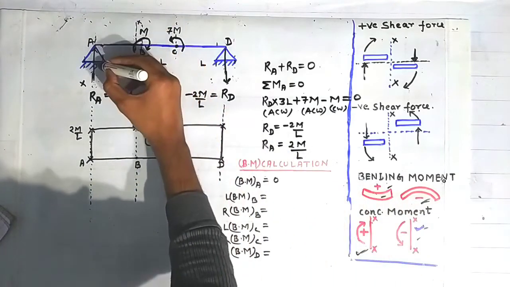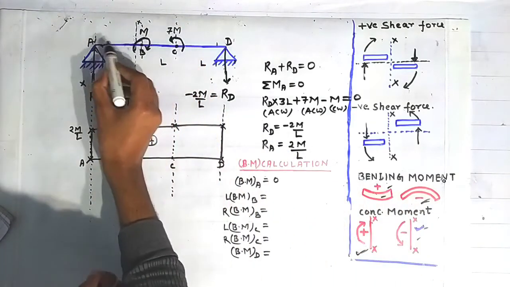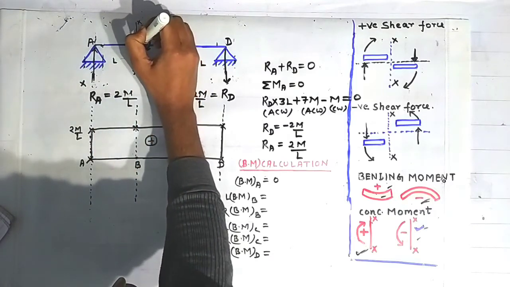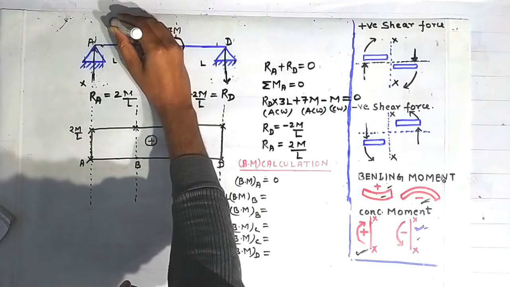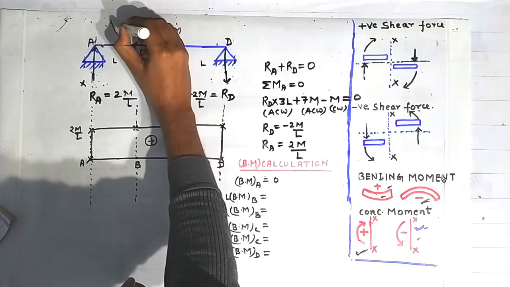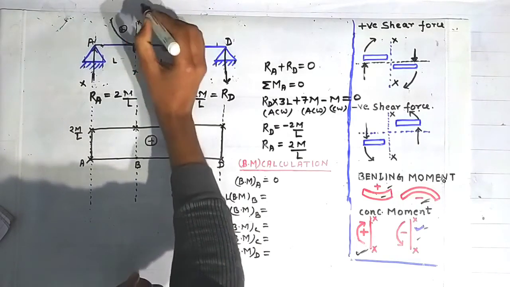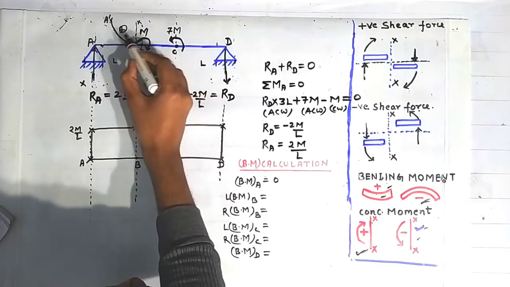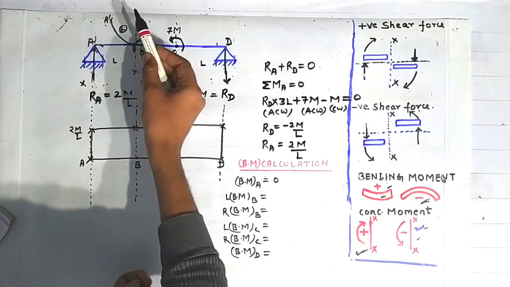Why? Because this force is trying to rotate this beam element AB about B in this direction. So it is creating a concavity up like this. This is concavity up. The point A will move here to A dash, and this beam will bend like this in the concavity up direction.